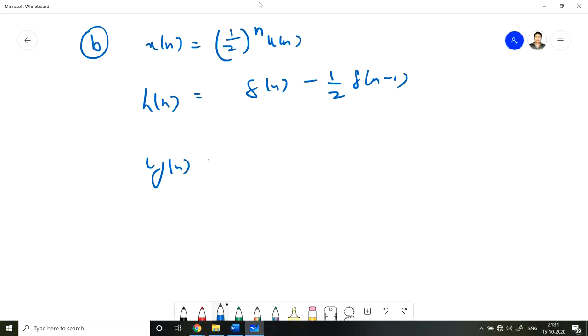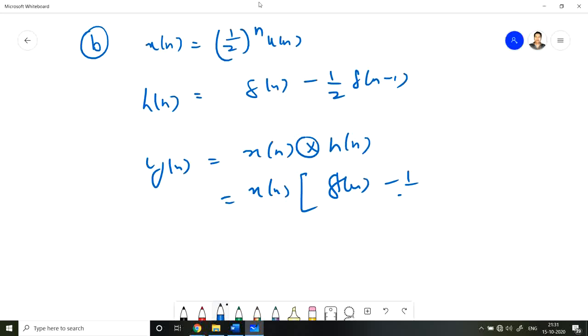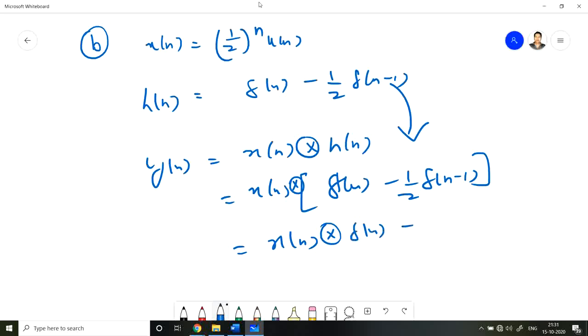So what is yn? yn is nothing but the convolution of xn with hn. So we can put the value of hn here, that is del n minus 1 by 2 del n minus 1. Now the convolution symbol is there. So xn convolved with del n minus 1 by 2 xn convolved with del n minus 1.